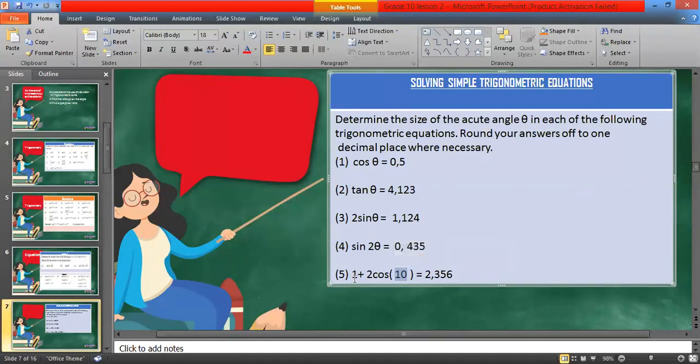So first of all, you need to move this 1 over and minus it from here. When you do that, you then have to divide by 2.